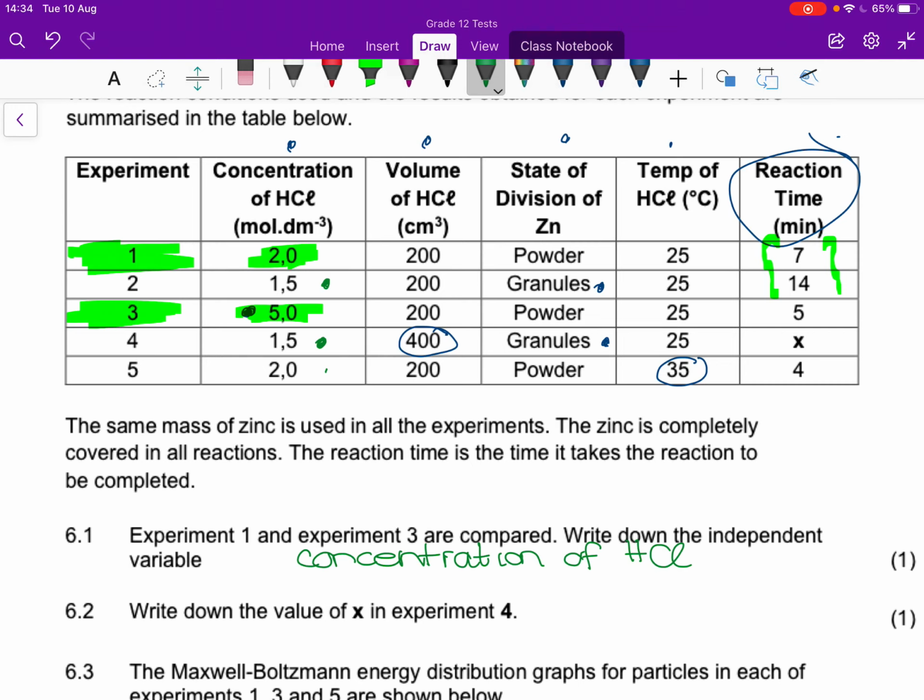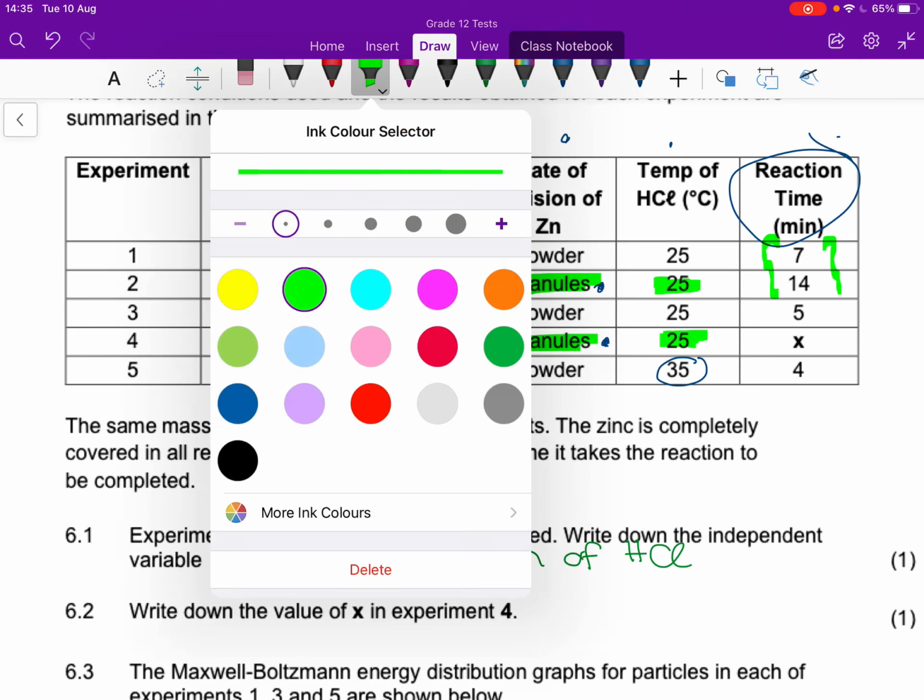Okay. Then they say write down the value of X in experiment 4. And now some of you go, but how are we supposed to know? Watch here. Let's just take this. Do you see that this was 15? This was 15. Okay. Granules. 25 degrees, 25 degrees. Difference.